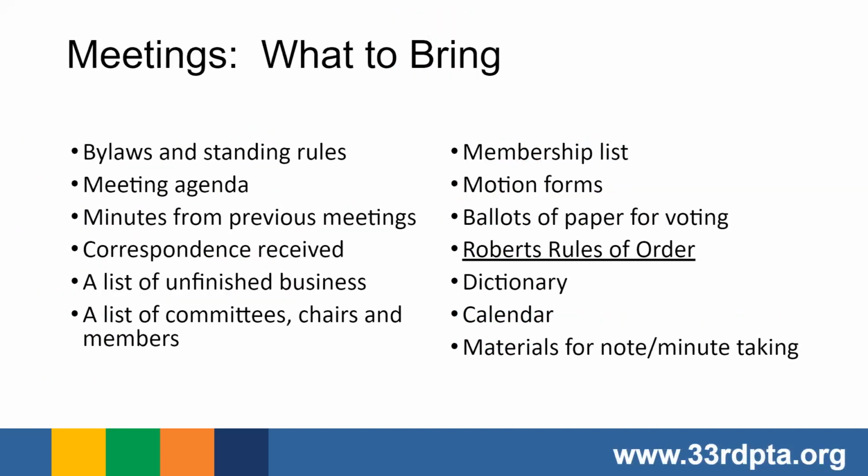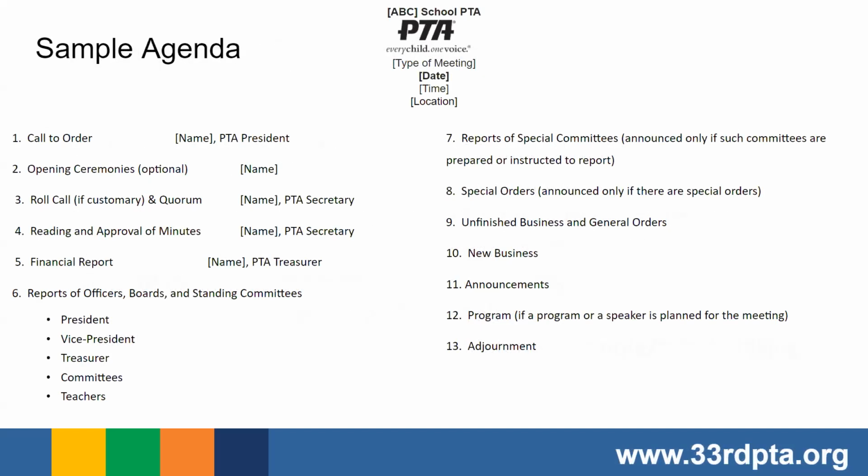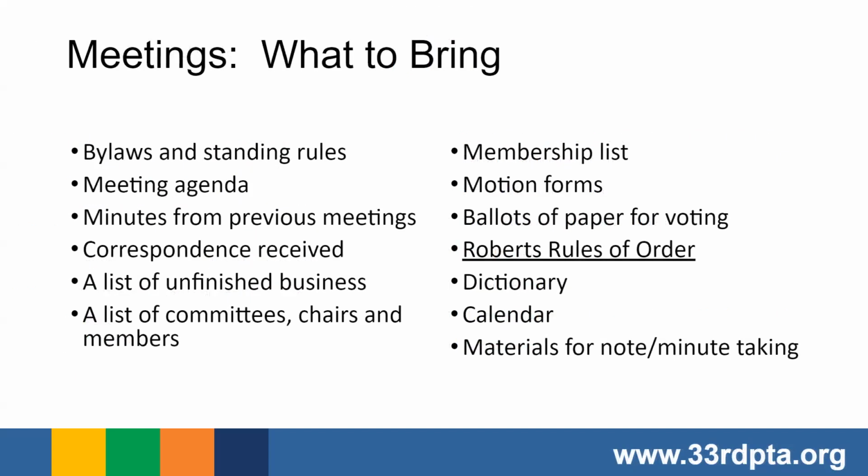Linda, before you move on, there's a question in the chat asking if roll call should be included as well. Yes, it'll be on one of the next slides. Yeah, the roll call and quorum. You will either write out those in attendance or attach an attendance sheet, and then you simply refer to that.